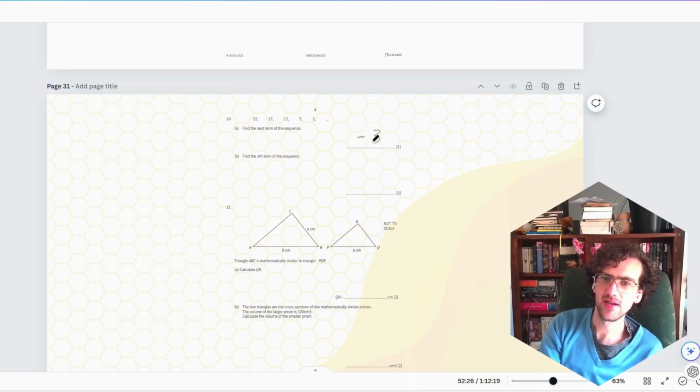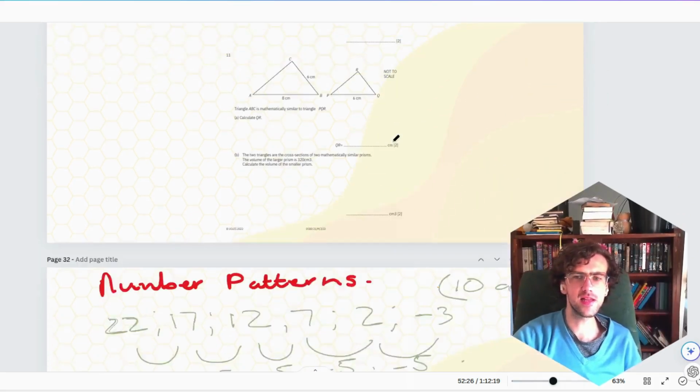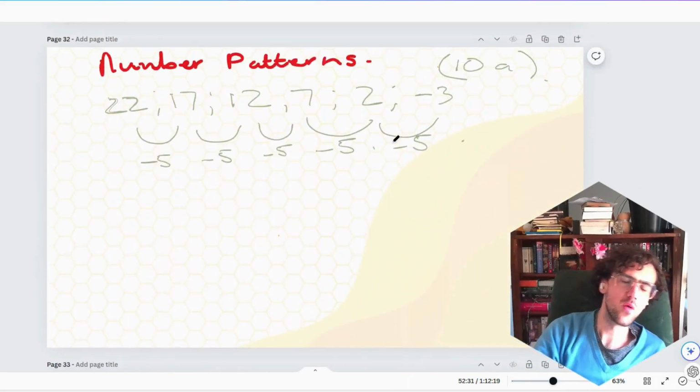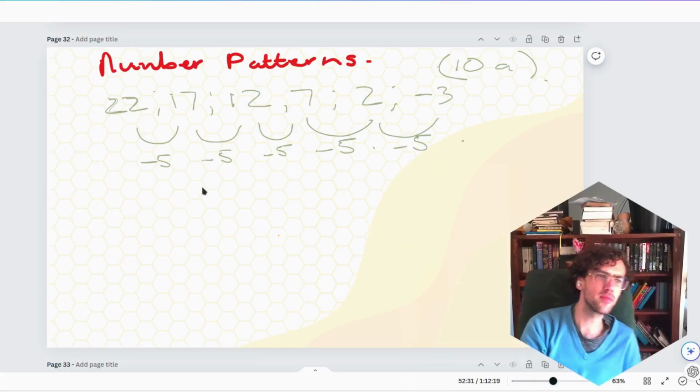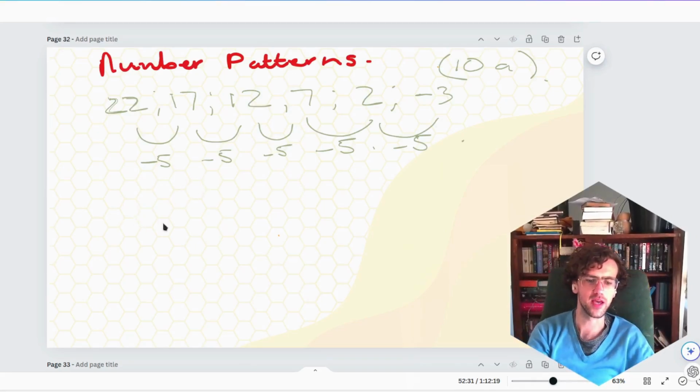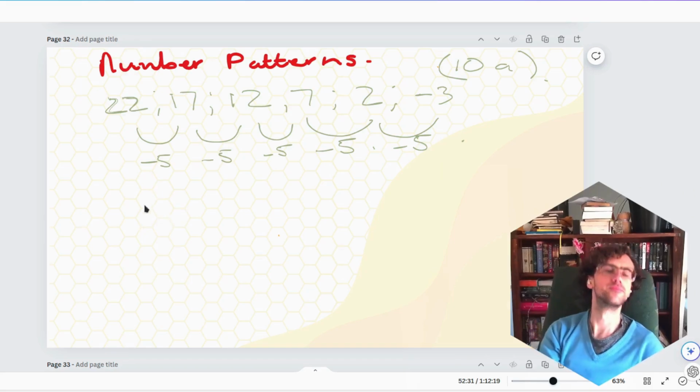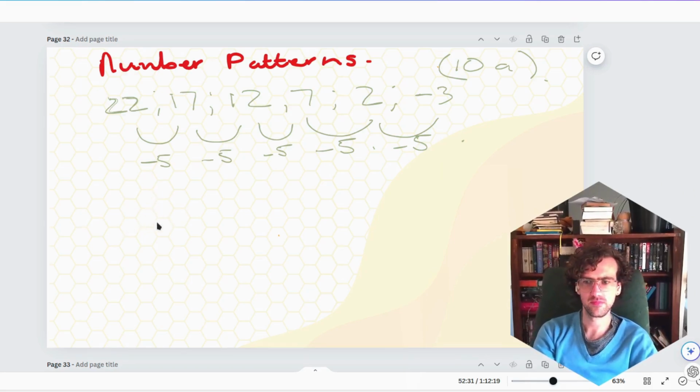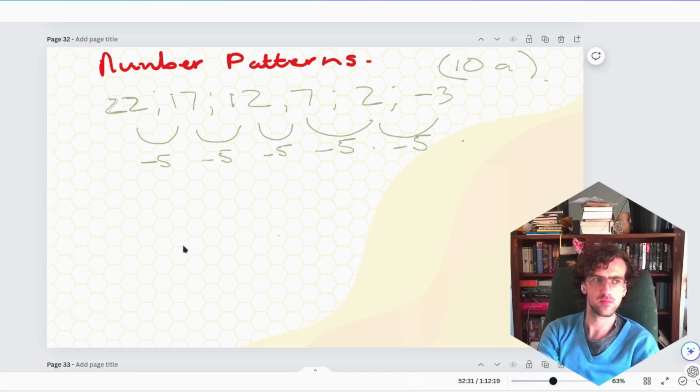Now, let's do a bit of an exploration here. What type of pattern is this? What types of number patterns do we get? Another way to say number patterns is sequences.